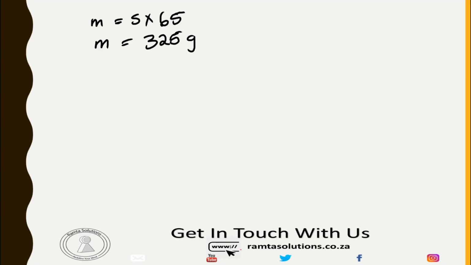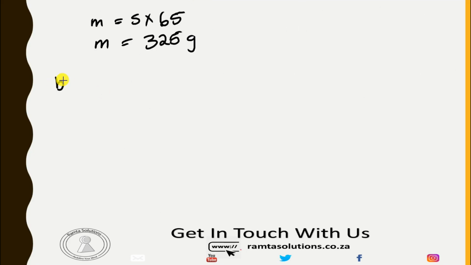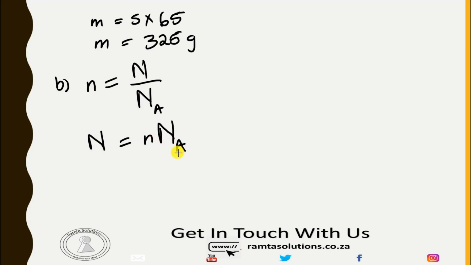Now, the second question said we must calculate the number of atoms of zinc that are in the sample. You recall the equation was n equals capital N over capital N sub A. Guys, this equation you get in your formula sheet in your examinations. We are looking for the number of particles, so capital N equals small n multiplied by Avogadro's number.